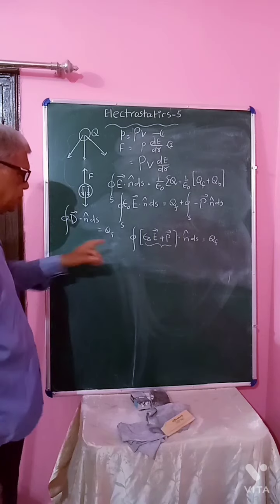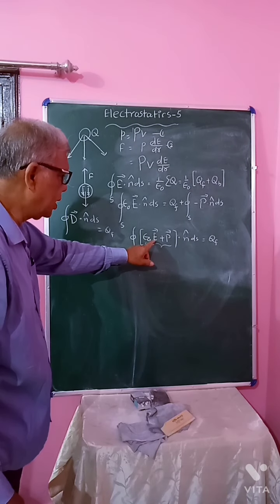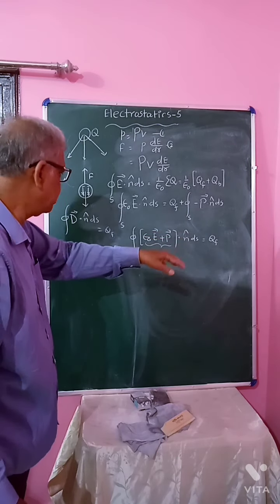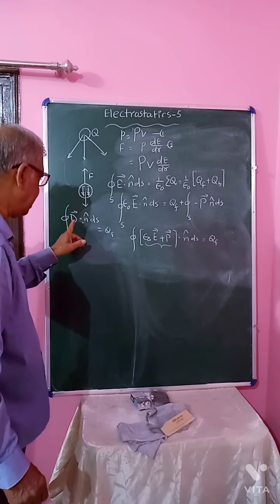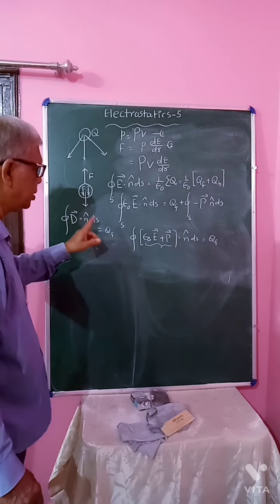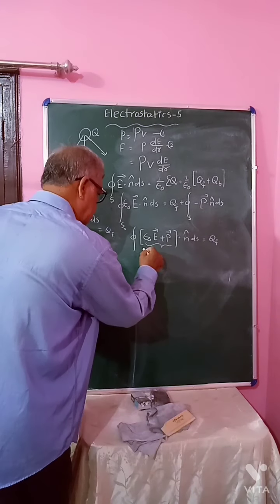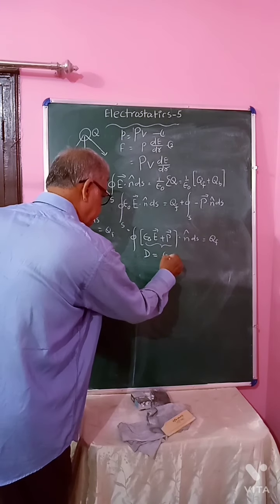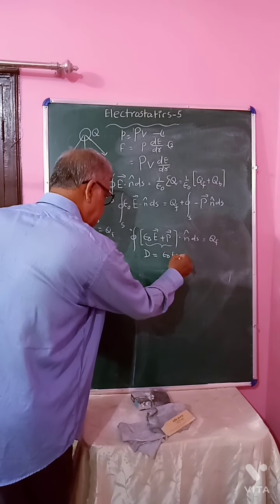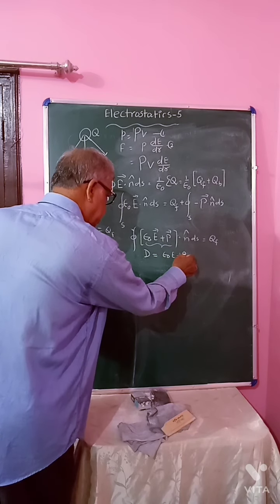The difference is that electric field intensity relates to free charge as well as bound charges, but electric displacement is related to only the free charges. So electric displacement D is epsilon 0 E plus polarization.